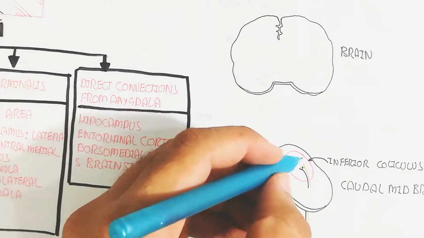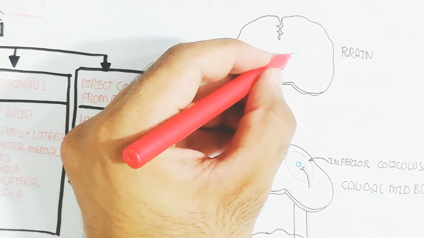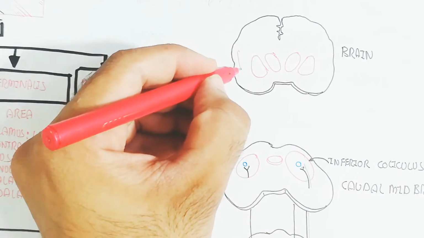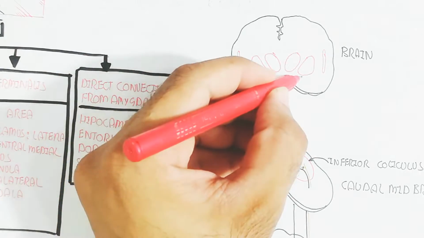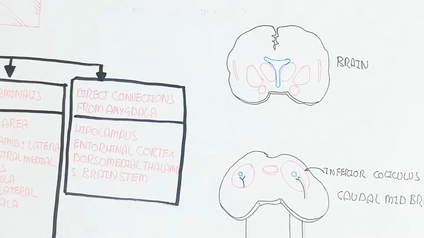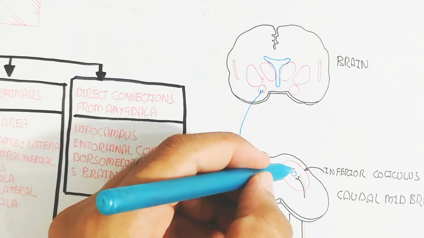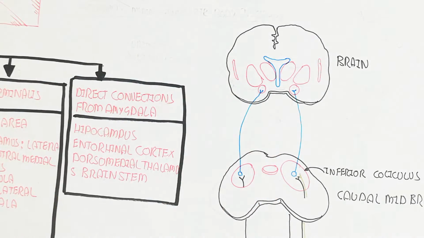This caudal midbrain contains the inferior colliculus, which transmits the signal to the medial geniculate nucleus in the brain. In this way both sides can feel the sound.